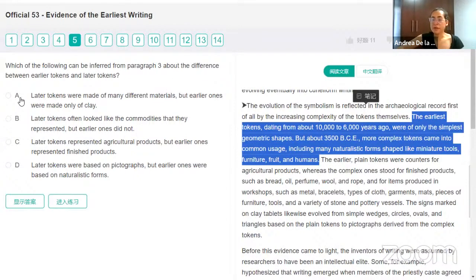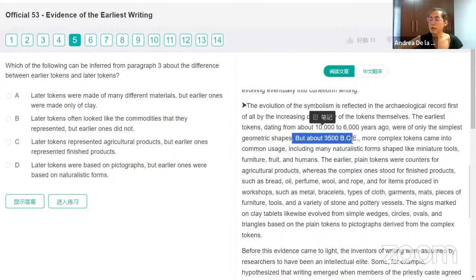We search if there's something related. Veamos si hay algo relacionado. Dice, later tokens were made of many materials. Todavía no se habla nada de los materiales. Puede ser que después, así que lo vamos a dejar ahí. Later tokens often looked like the commodities that they represented, but earlier ones did not. Puede ser, ¿no? Porque habla de cómo lucían. Dice, los later tokens looked like the commodities that they represented.